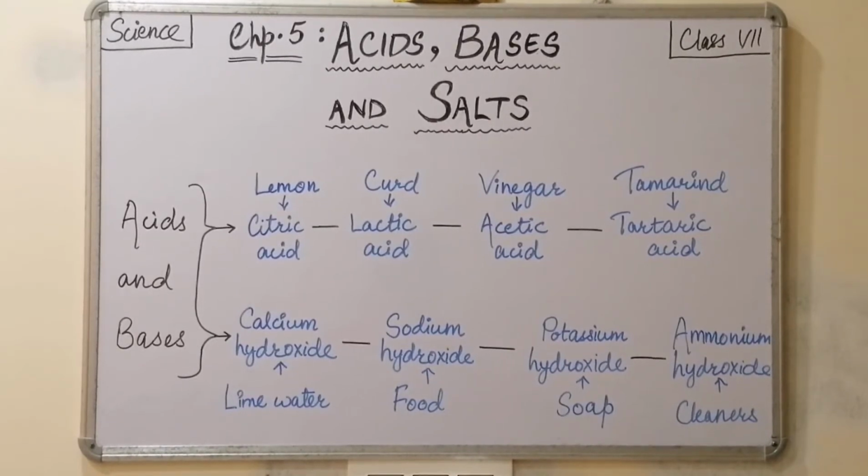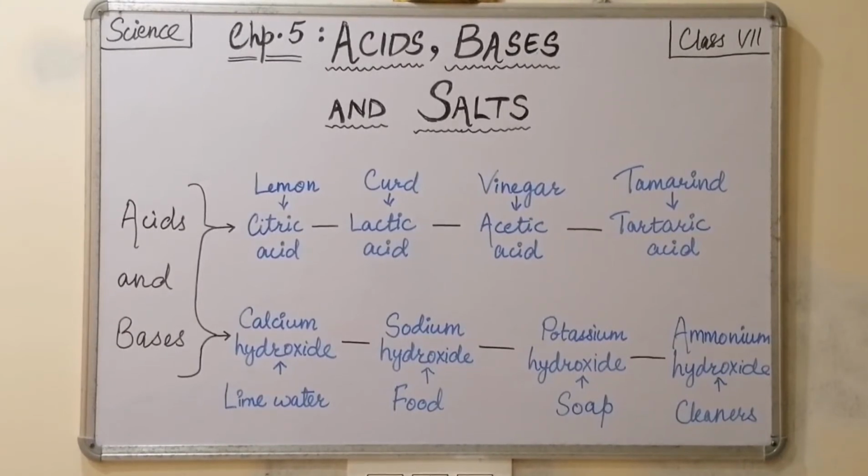We all know that lemon, curd, vinegar and tamarind are sour in taste, whereas lime water, soap and cleaners you may not have tasted. But you must know what will happen if we add sodium hydroxide in food. If more of it is added, the food will become bitter in taste.